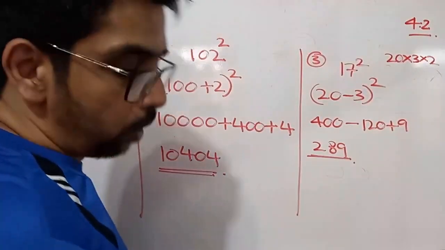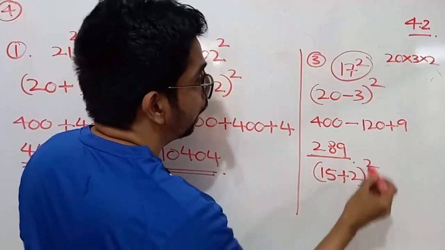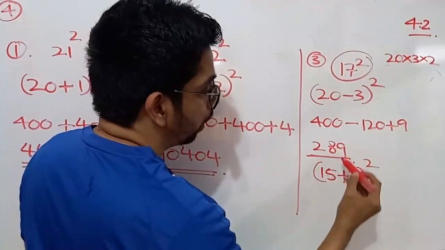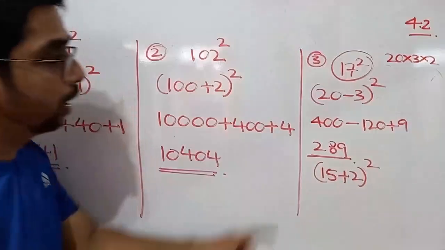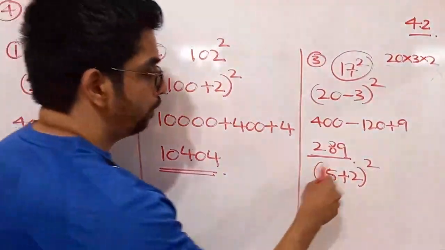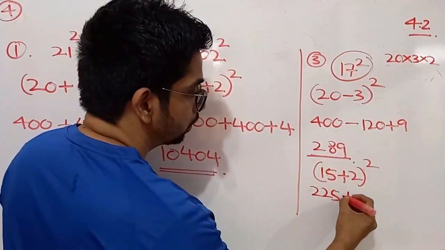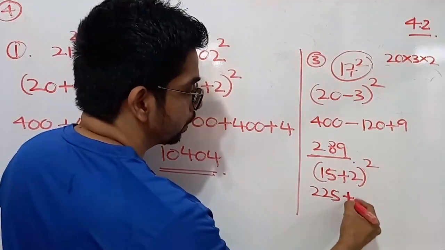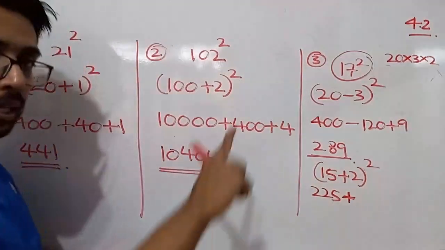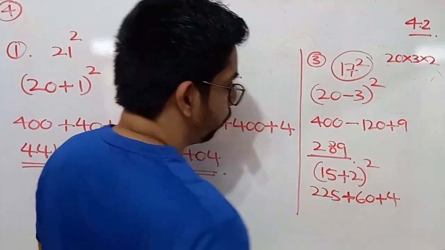289. But we can also take it like this. 17 square. We can get this value by writing (15 + 2) whole thing twice. So 15 square, that is what? 225. Then 15 into 2, that is what? 30. 30 again multiplied by 2, that is what? 60 plus 4.